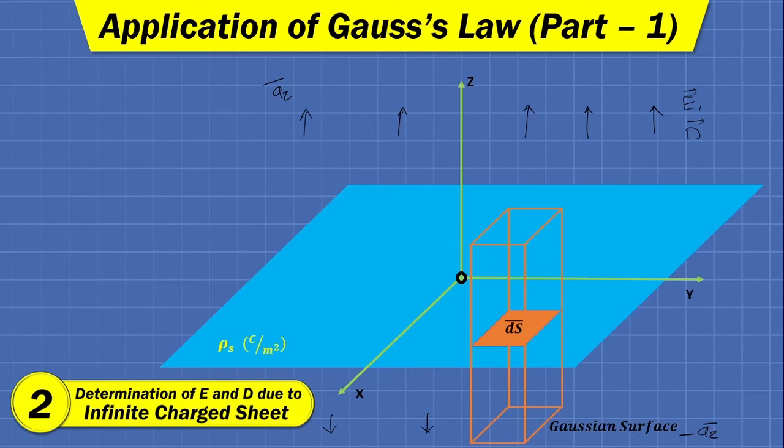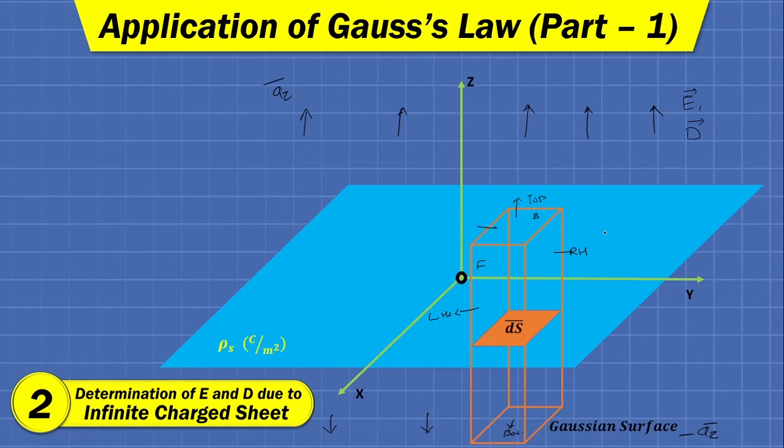As you can see, these are the 6 surfaces: front, back, right hand side, left hand side, top, and bottom.